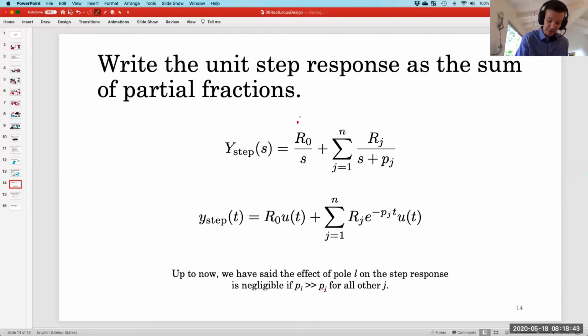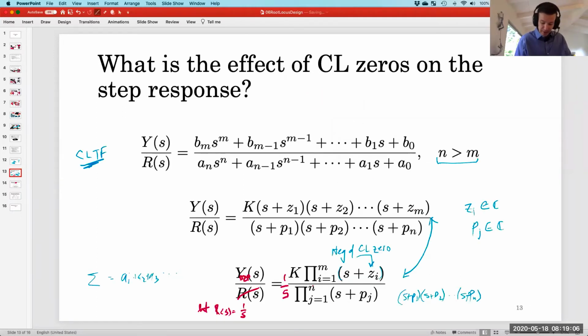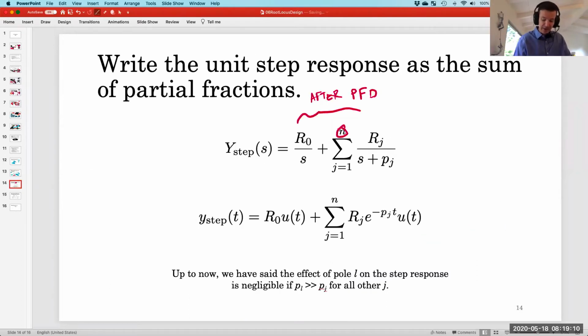So this is after partial fraction decomposition. I have decomposed the single large fraction into many smaller fractions. And I know that if I had n poles, n closed loop poles, then I will have n partial fractions.